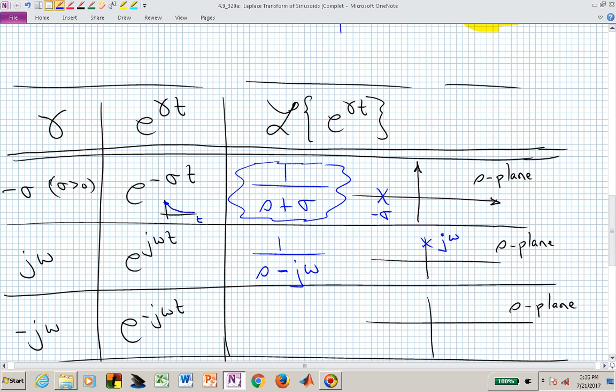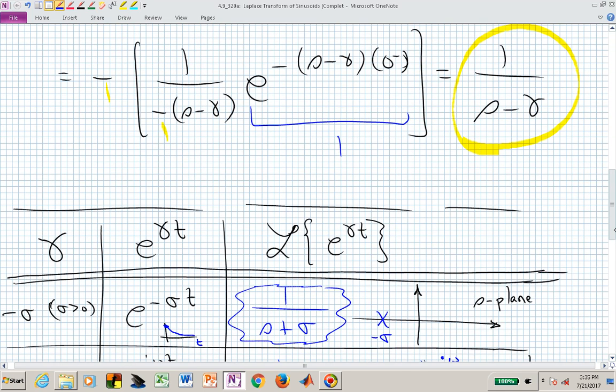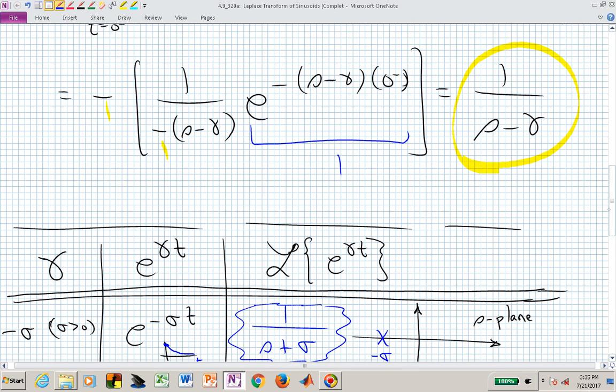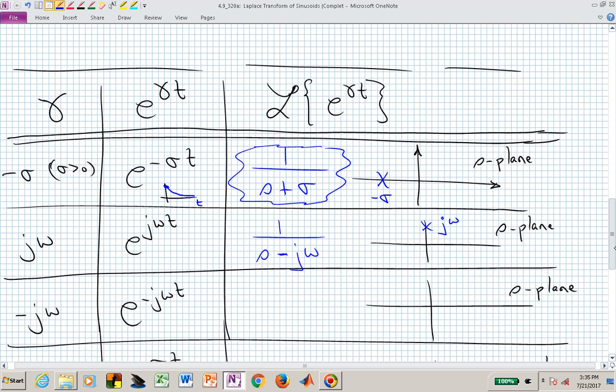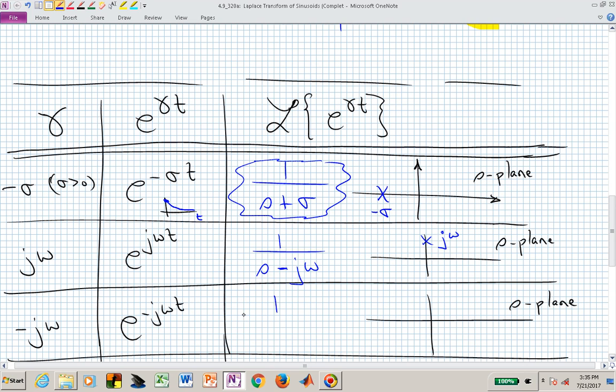We're not going to be seeing these e to the j omega t's in a real environment, but we will see them when they appear in conjugate pairs. So it's nice to now look at what we get for a Laplace transform of the conjugate of e to the j omega t, which is e to the minus j omega t. If we replace gamma in this earlier result of taking the Laplace transform of an exponential with minus j omega, now we end up with 1 over s plus j omega.